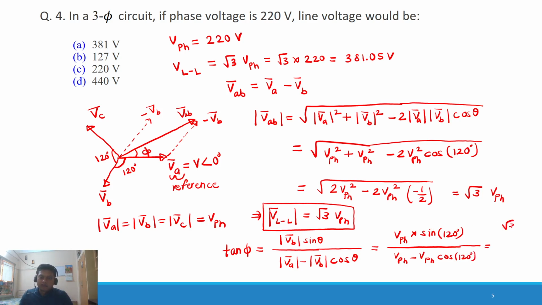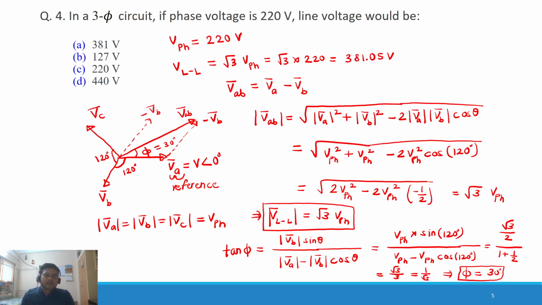So sin 120 degree is root 3 divided by 2, and it is having 1 plus 1 divided by 2. So it will come out as root 3 divided by 3, and that is 1 divided by root 3. So from here we can get phi value as 30 degree. So this phi will be 30 degree. So line to line voltage leads the phase voltage by the angle of 30 degree.